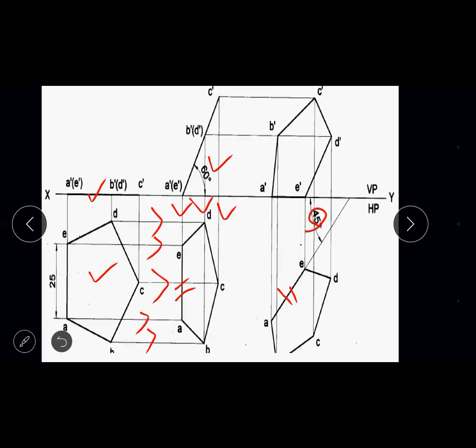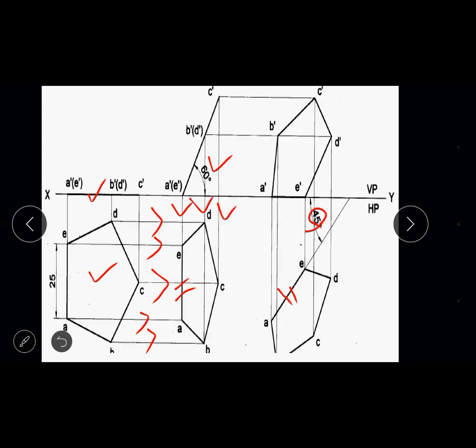This is the reason why 60% weightage is given for sketching and 40% weightage is given for computer drawing, because of the availability of shortcut commands. So here the question is, how will you transfer this irregular shape pentagon, the top view of the pentagon, to the third position?